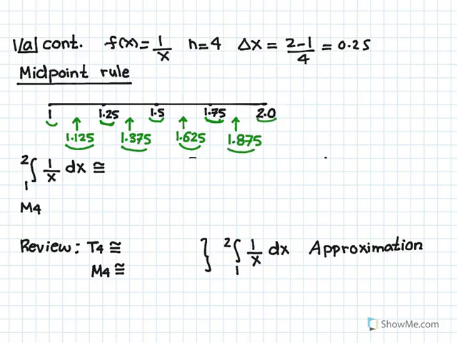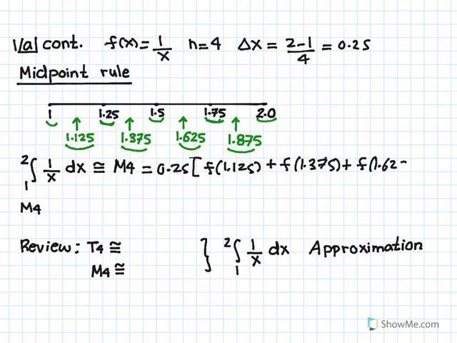All right, so the definite integral from 1 to 2 of 1 over x dx is approximately equal to M4. That's delta x, 0.25, times the function value at the midpoint, 1.125, plus f of 1.375, plus f of 1.625, plus f of 1.875.